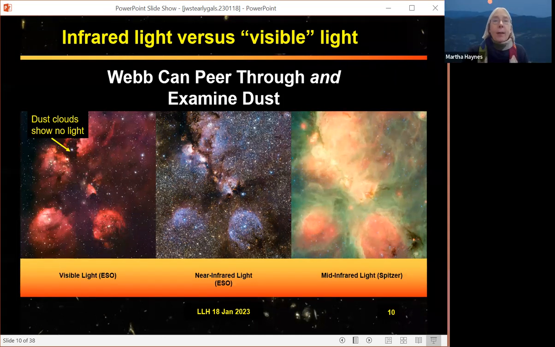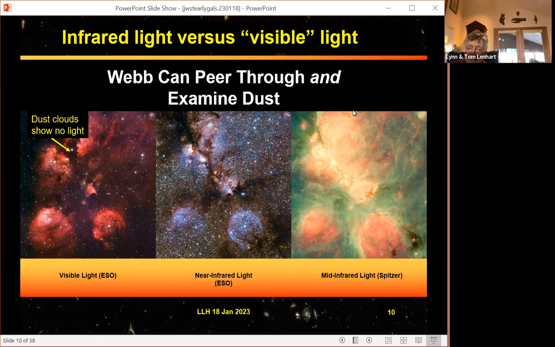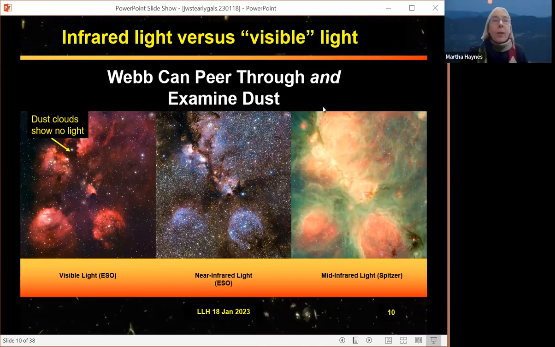So another thing to point out is we're going to take a look at a few images. The Webb can peer through and examine dust. Now we know that when you're looking through a piece of paper, you can't see anything behind it. Dust also obscures visible light behind it. So here are three images which we'll take a look at. This is not JWST data because it was made to show why JWST was important before it was launched.